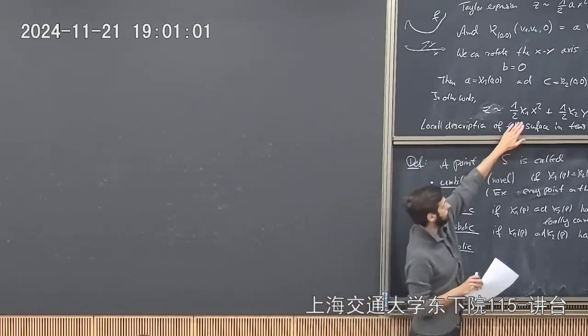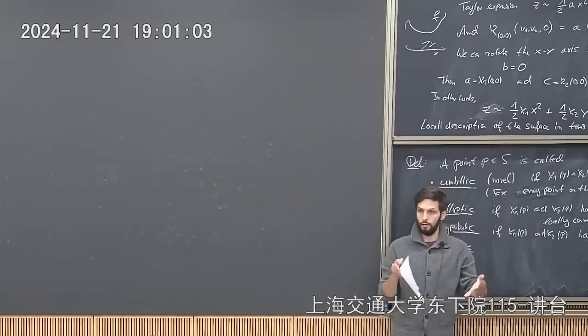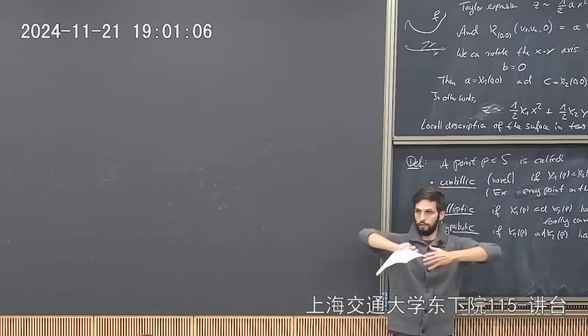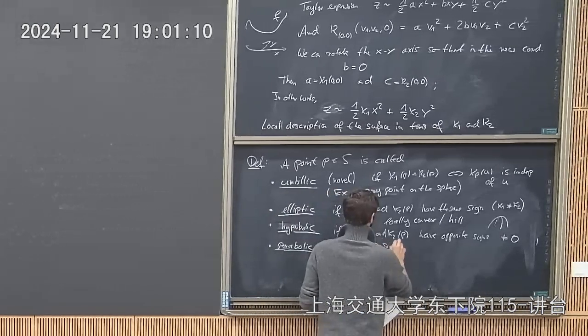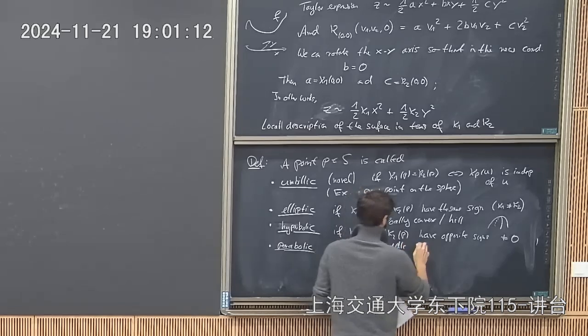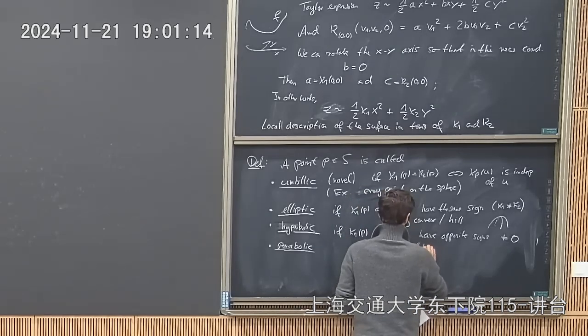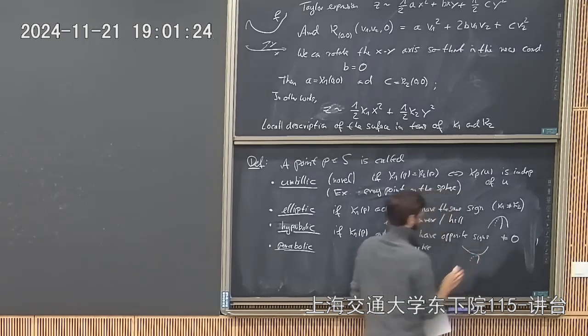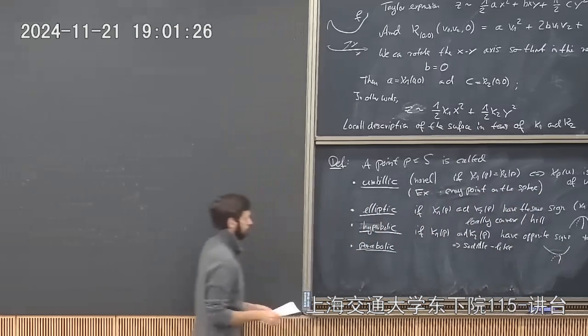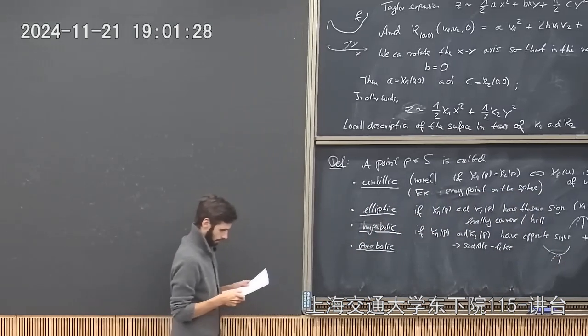In that case, in one direction it goes down, and in the other direction it goes up. So that's a saddle, and that's a hyperbolic point.